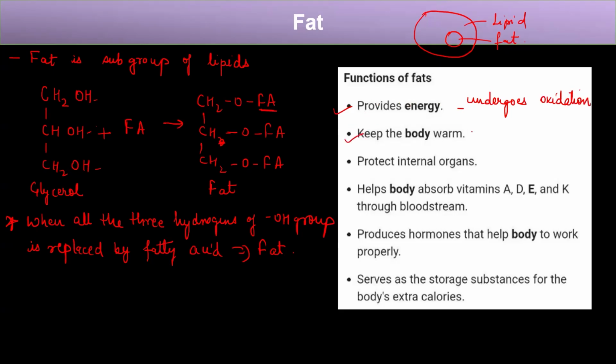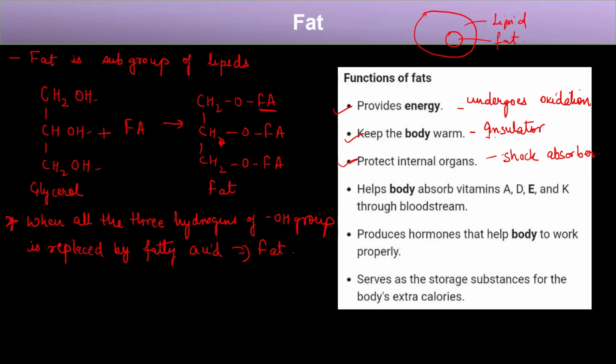Secondly, it keeps the body warm. It acts as an insulator to heat, so it does not allow the heat from inside the body to go outside. Thirdly, it protects the internal organs. It also acts as a shock absorber, and in this way it protects the internal organs.